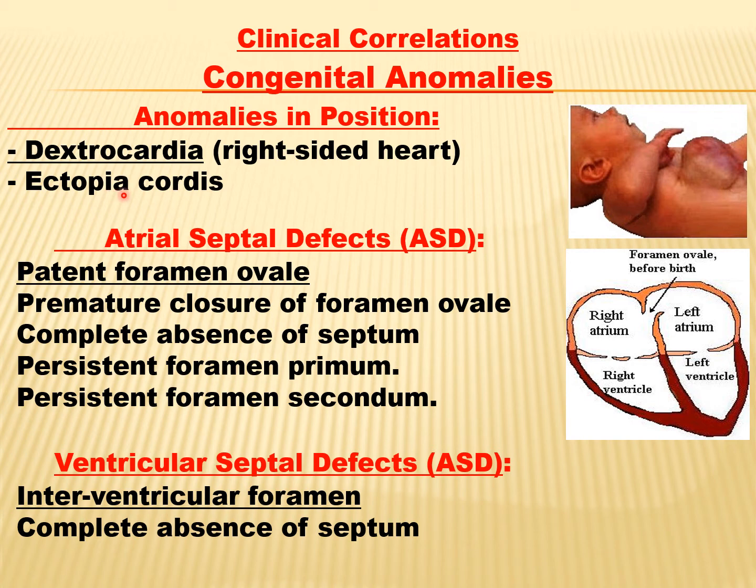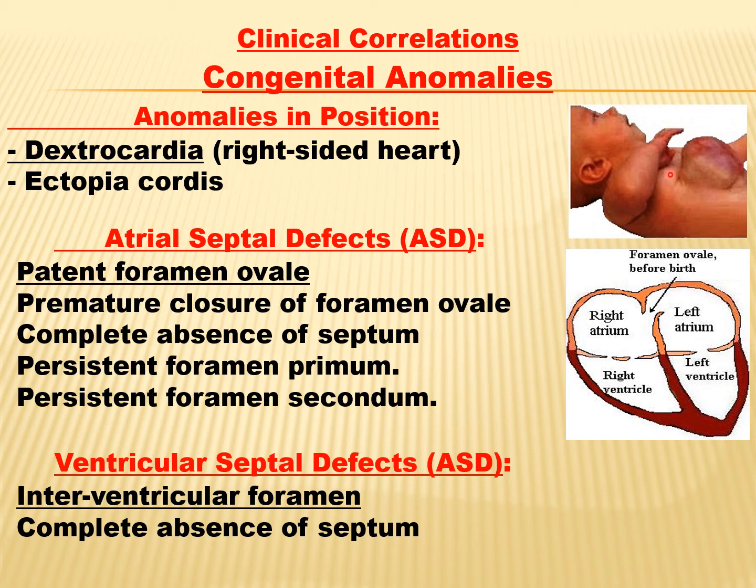In this case of ectopia cordis, the heart is exposed or bulged out on the anterior thoracic wall. It results from failure of development of the anterior thoracic wall, mainly the sternum.